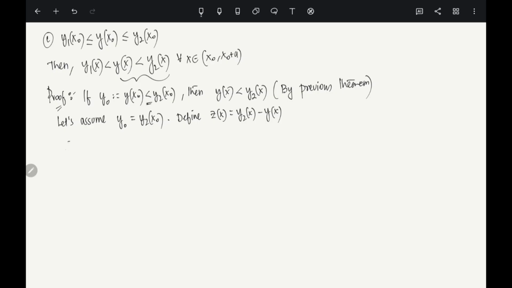If we do that, therefore z prime of x is what? It is y2 prime of x minus y prime of x, right? That's what we are going to get, and this is greater than or equal to f of x, y2 at the point x minus f of x naught, y at the point x naught, right? This is what we are going to get evaluated at the point x naught.